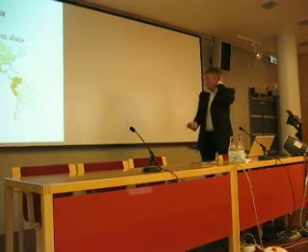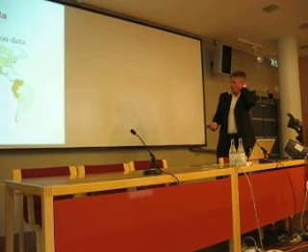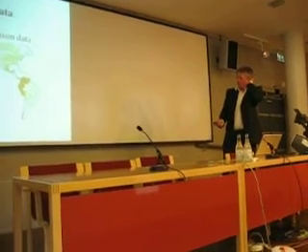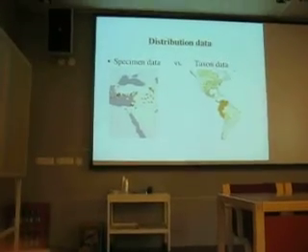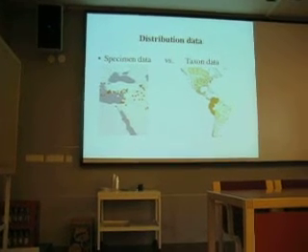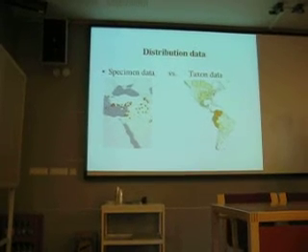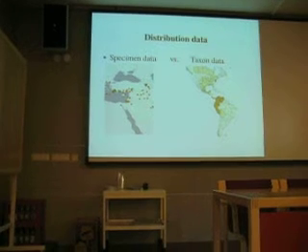And this distribution then can be displayed as specimen data, where each dot represents a specimen, or as taxon distribution, where the Earth is divided into regions, and a region which is shaded here indicates occurrence of this taxon.